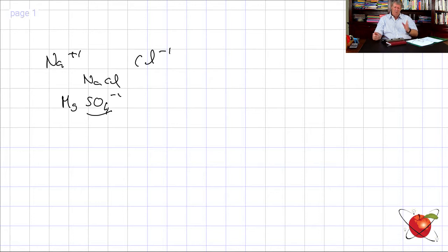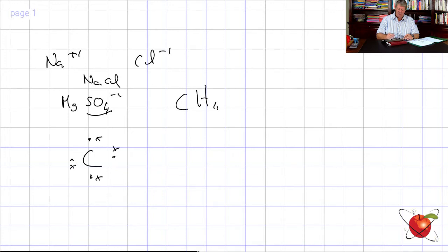But if you remember, we've had chemicals like this one, CH4, right? When we did it, we said carbon has that, and we bonded 4 hydrogens onto it.